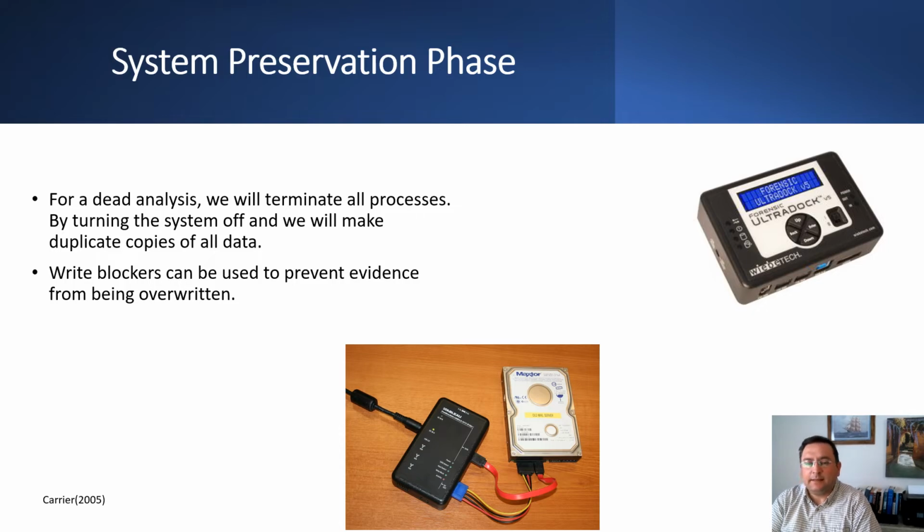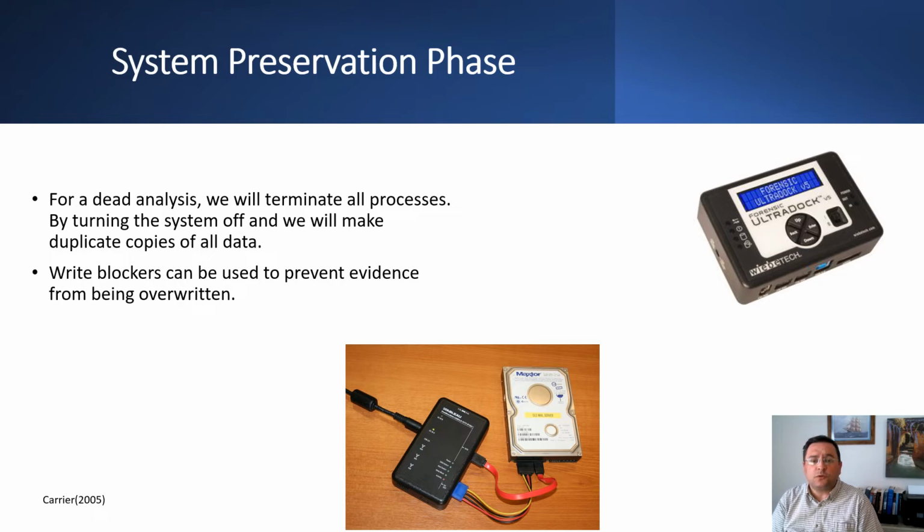And for that analysis, we will terminate all processes. What that means is that traditionally, computer forensic investigations were performed on data at rest. The contents of hard drives are analyzed while the hard drive is not in use by a computer or server. This can be thought of as a dead analysis. By turning the system off, we make duplicate copies of all data.